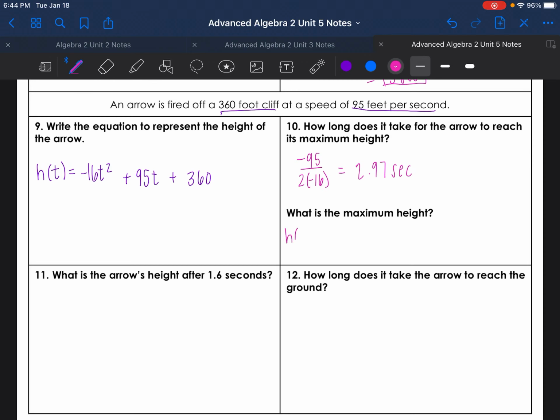And then when we plug that in, just going to plug it in for t, we get 501.02 feet.